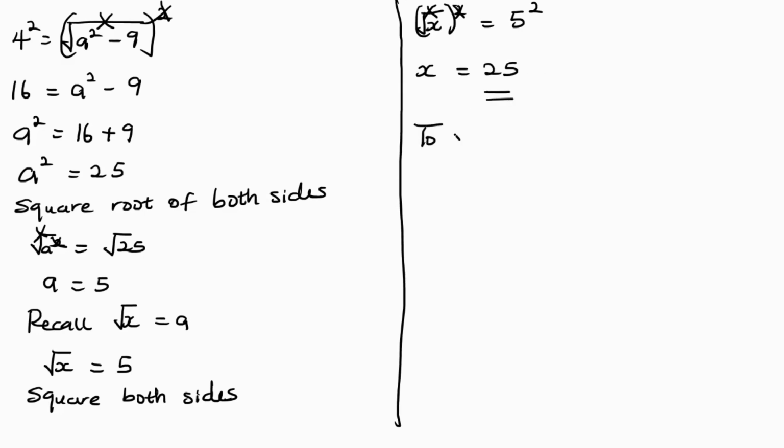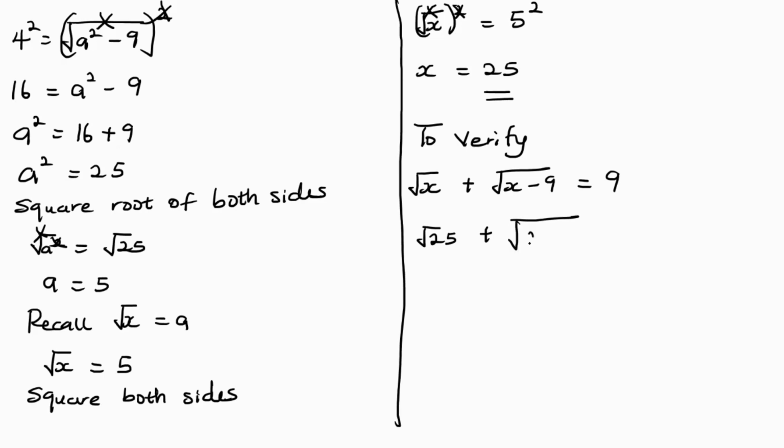So to verify if our answer is correct, we have the original equation: the root of x plus the root of x minus 9 is equal to 9. Let's check if x equals 25 works.